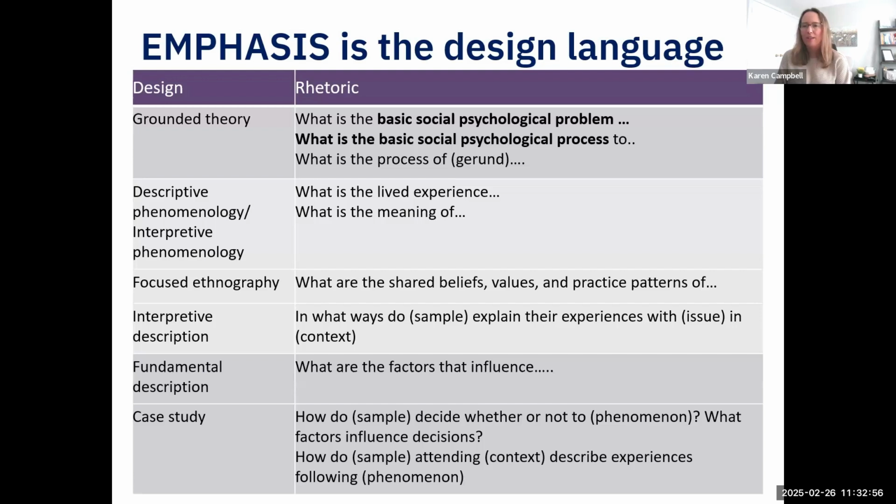What is the process of letting go after an experience of grief? So the gerund is the ing word in that case. But if you're doing a grounded theory study, I would expect there to be some sort of language that keys me in this way.